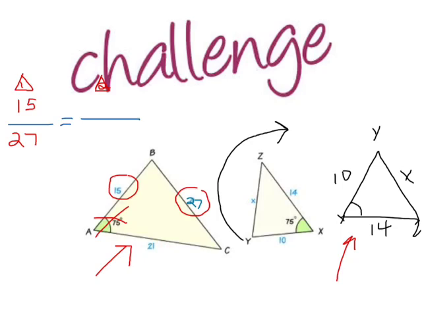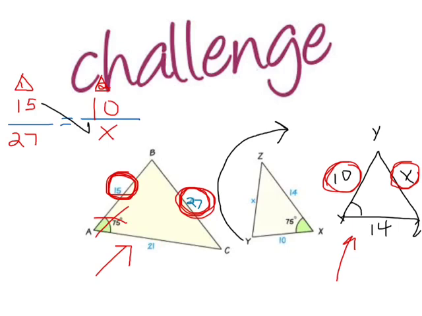Which number on triangle 2 matches up with 15? Well, if you look, number 10 is right there with 15. So it's going to go next to 15 in my proportion equation. So what number is going to match up with the 27 on this triangle? Well, that is our unknown, so x is going here. Now we've got a proportion, and you should all know how to solve a proportion. My first step, I'm going to cross multiply.